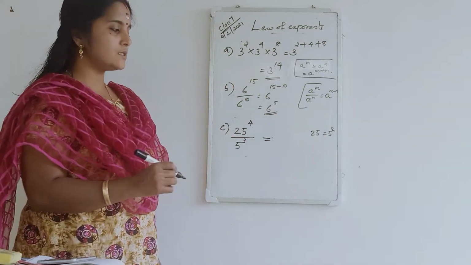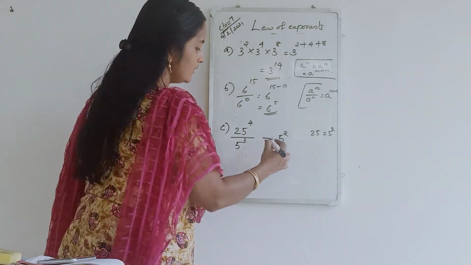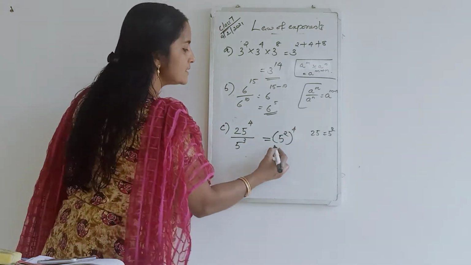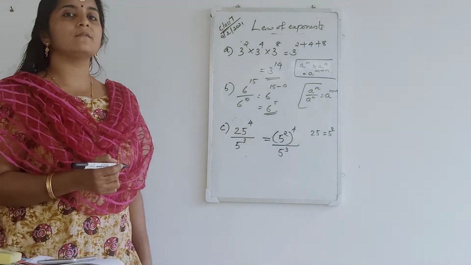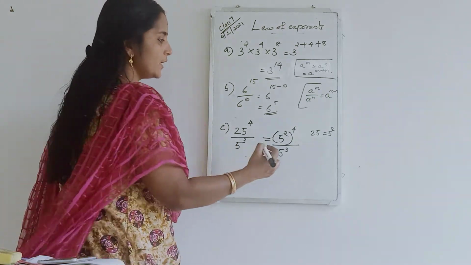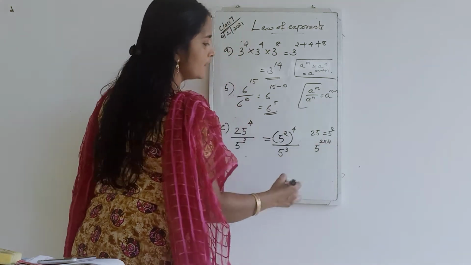So instead of 25, we can write 5 square the whole raised to 4, then write the same denominator 5 cube. So 5 square the whole raised to 4 is a raised to m the whole raised to n, that is a raised to m into n.